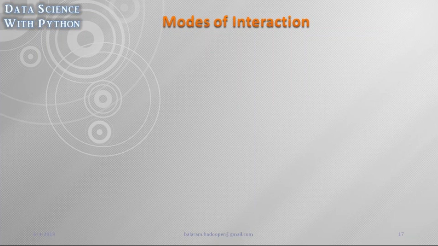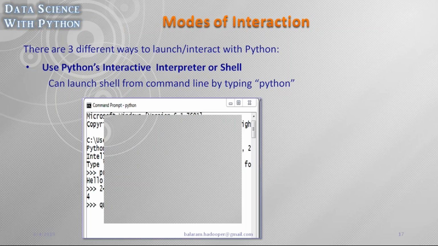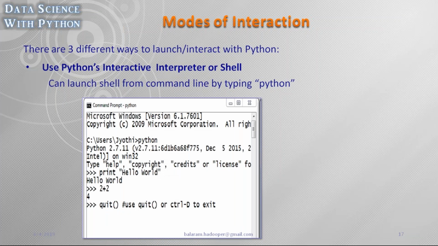Modes of interaction. There are three different ways to interact with Python. One is to use Python's interactive shell, or interpreter. You have the Python prompt, and there you can type the commands. You can simply type Python and you will get the prompt.